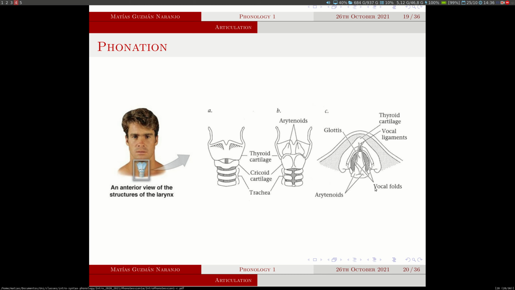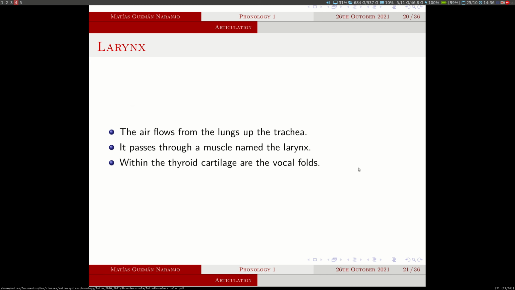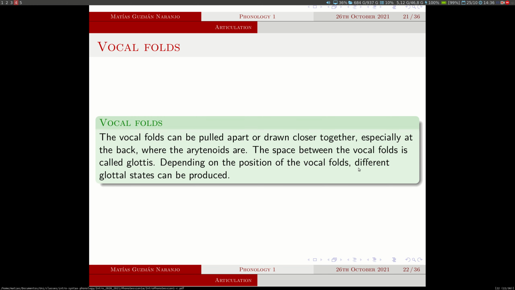The vocal folds vibrate and move to modify the air that's passing through them. So again, the air flows from the lungs through the trachea, it passes through the larynx, and within the thyroid cartilage there are vocal folds. And the vocal folds can be pulled apart or drawn closely together, and they produce different types of phonation.